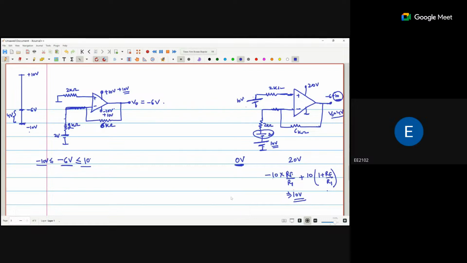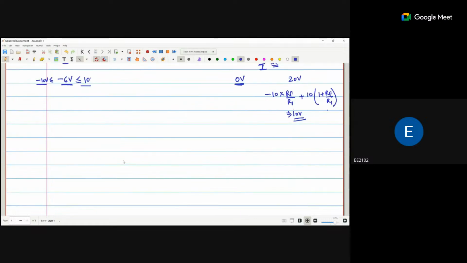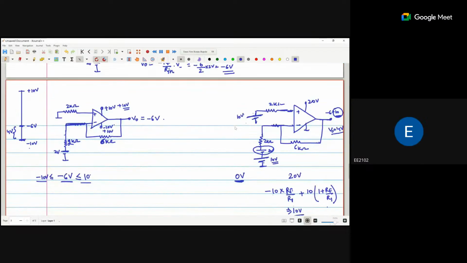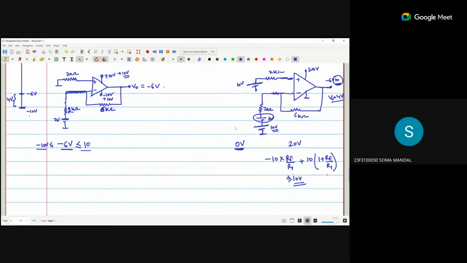Okay, so in the single supply operation, sir, after adding 10 volt here, total voltage will be 10 plus 2, that is 12. Yes, you add this 10 volt, 12 volt. Because of this 2 volt, we are also getting minus 6 volt, no?